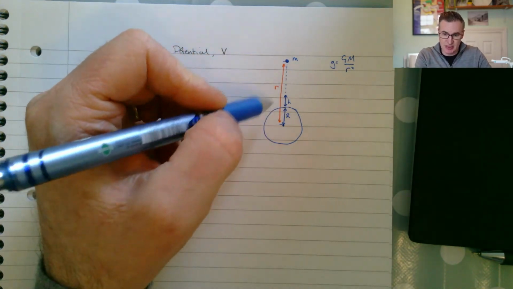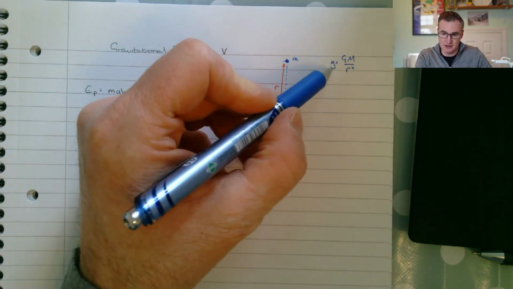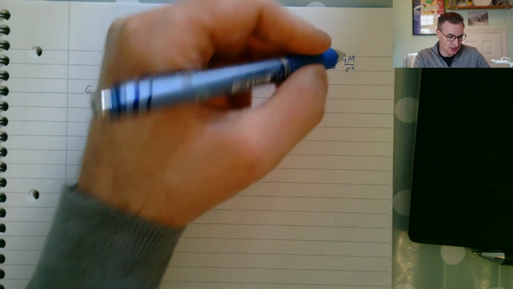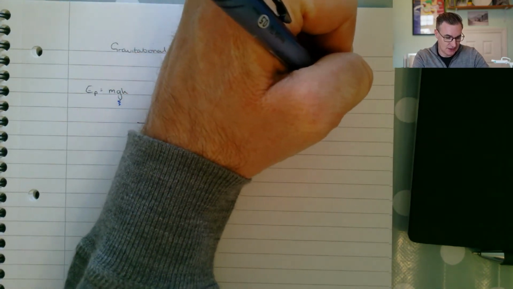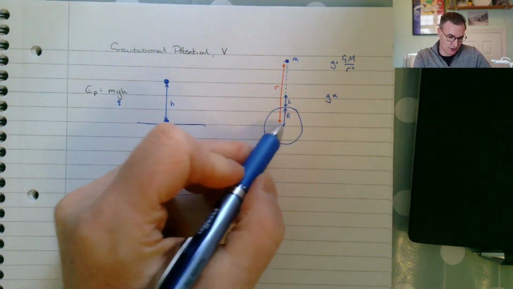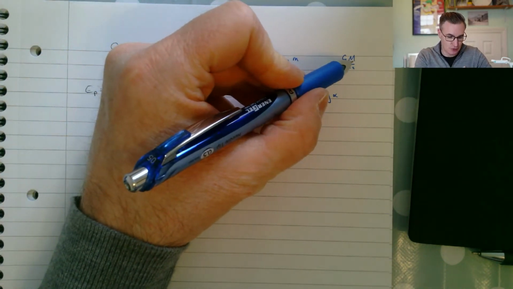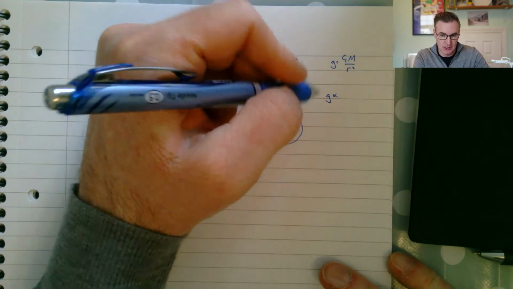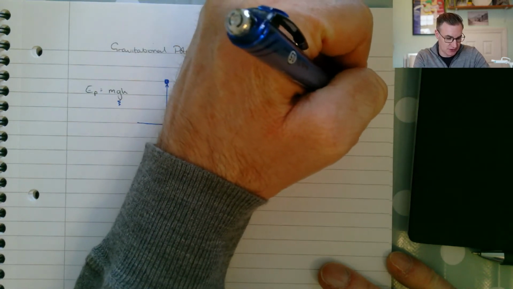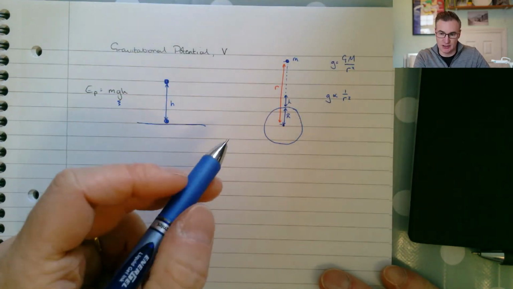So as this becomes more significant, your g will decrease. And in fact, if we're looking at just say planet Earth in isolation, big G m would be a constant. So g would be directly proportional to the inverse of radius squared.